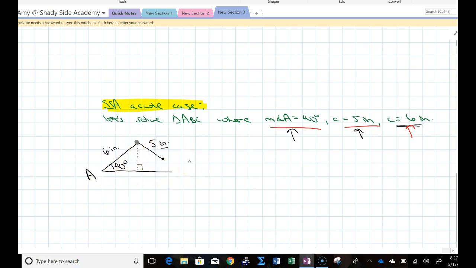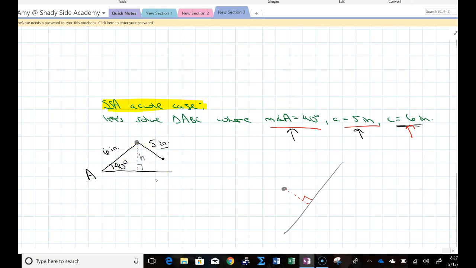Back in geometry, if you're asked to find the shortest distance between a point and a line, that distance is always the perpendicular distance from the point to that line. So the shortest distance from this point to this line is this perpendicular drop. I will call it h.